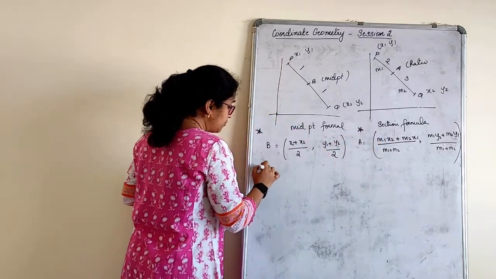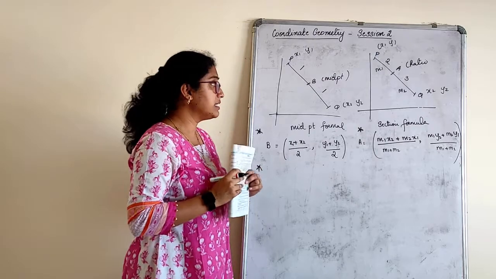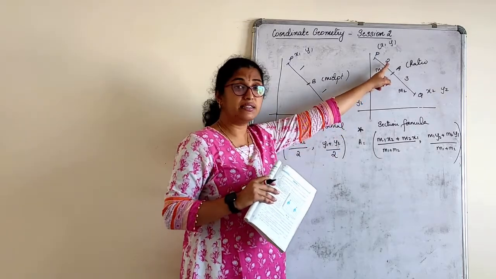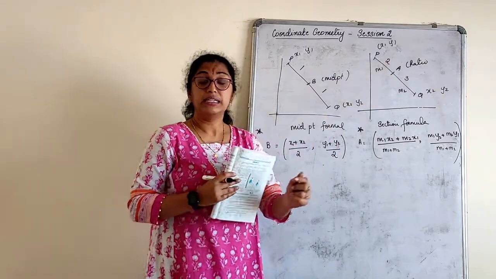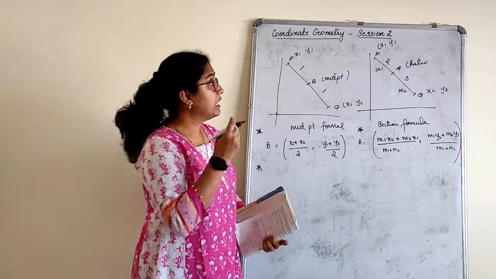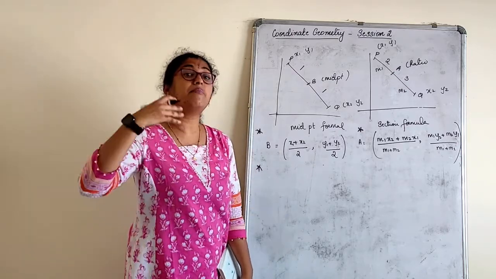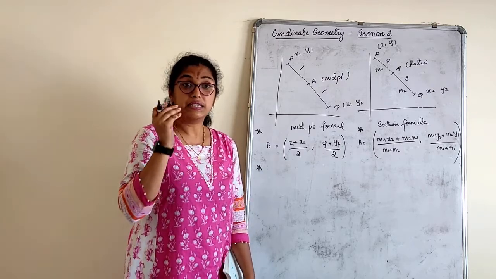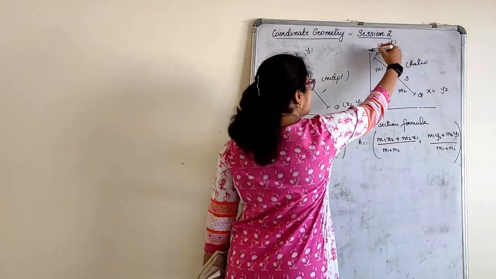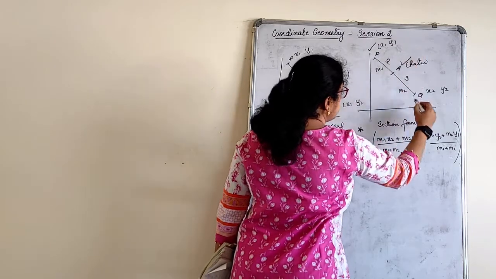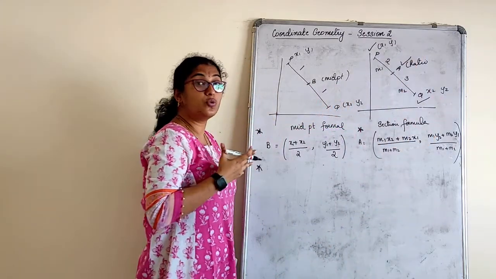Now, one more important thing you have to know here. Suppose the given ratio is 2 and 3. Sometimes they will tell you a line PQ is given which divides in some ratio we don't know, such that the coordinates of P, A and Q are given.